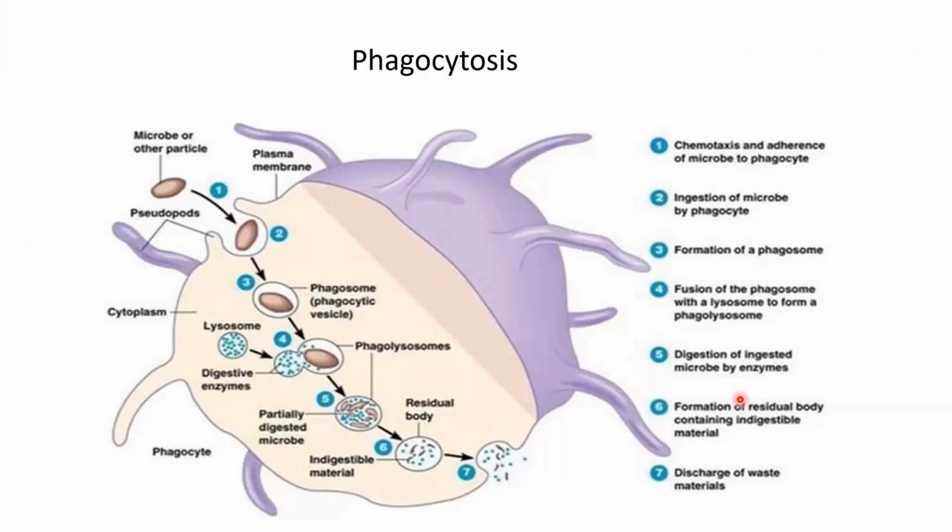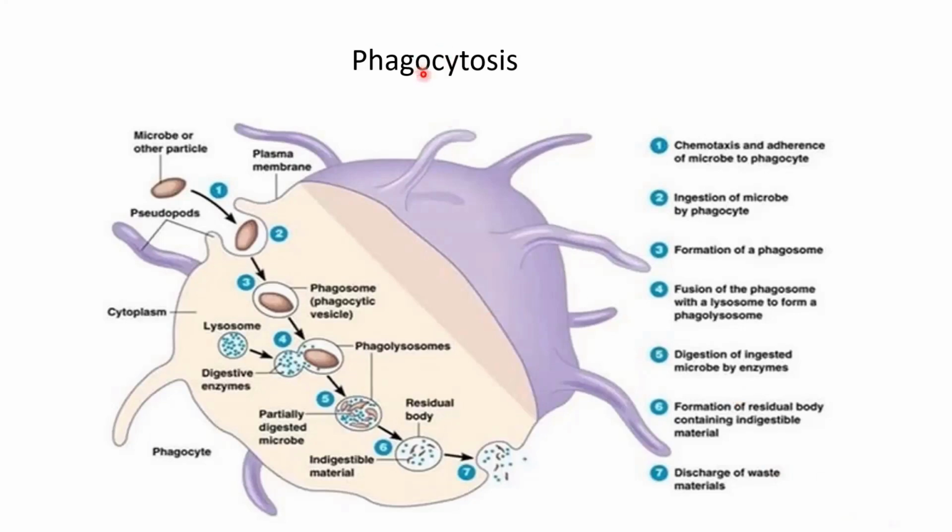We talked about phagocytosis in which topic? We were talking about exocytosis and endocytosis. So it's a type of endocytosis. Phagocytosis and pinocytosis, these are types of endocytosis.